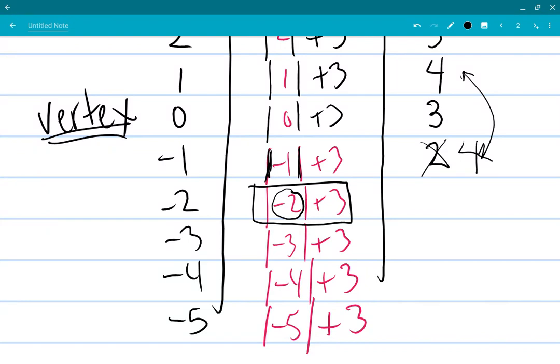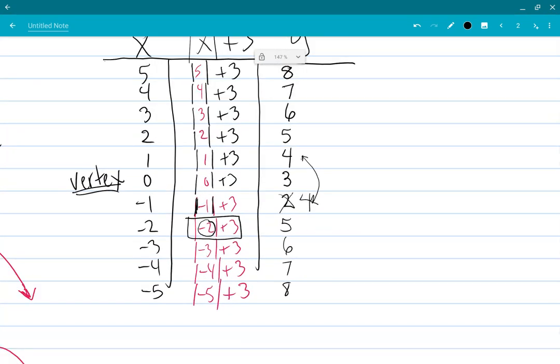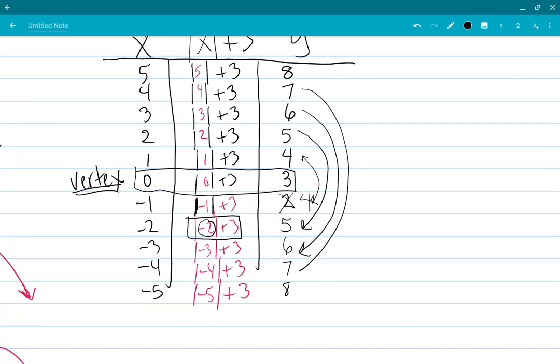So this is actually 2 plus 3, which is what? 5. Then you can start using the pattern, right? So be careful with the absolute value of negatives because they are a positive distance from 0. So where is your lowest point? Right here. And then these will be mirrors of each other. Look at that. Make sense?